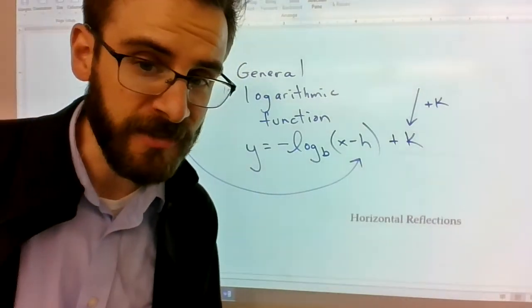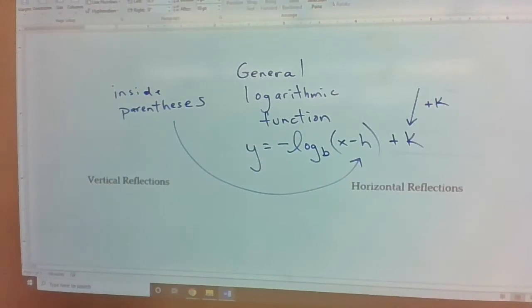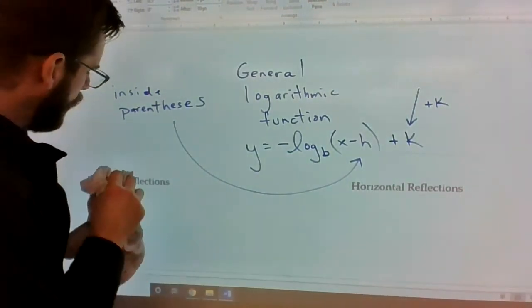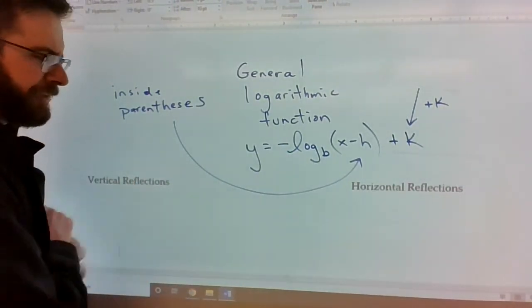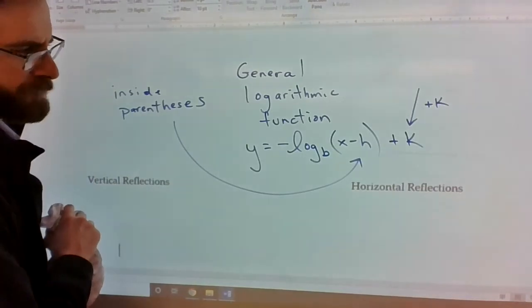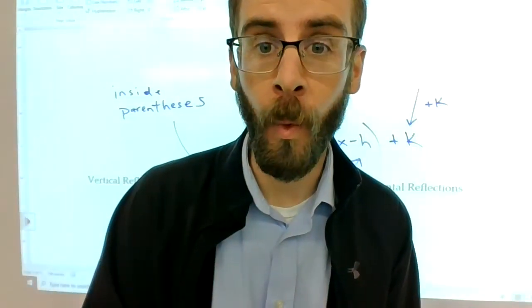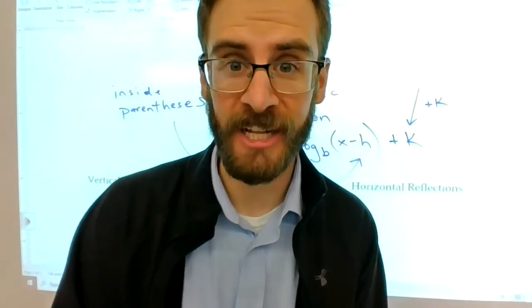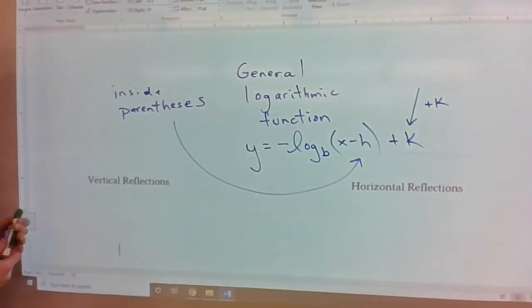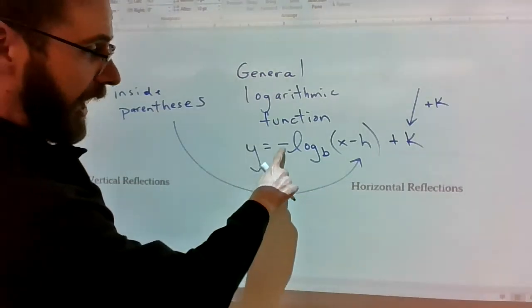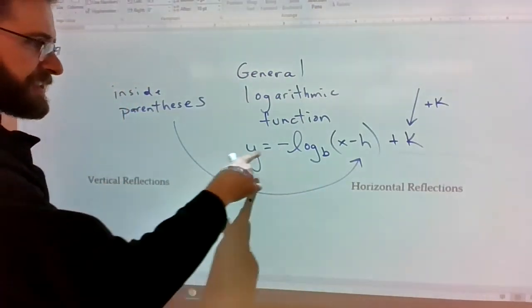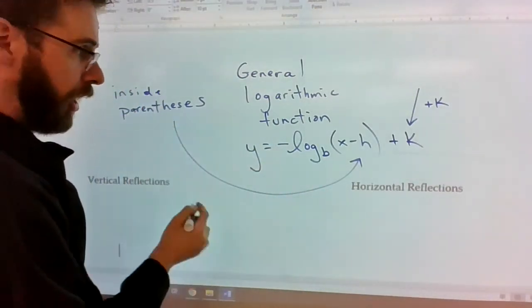There are the reflections, though, too. What indicates a vertical reflection? That's right, it's the negative on the outside of the log.